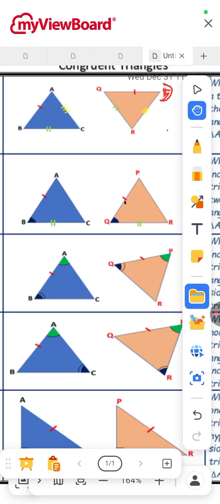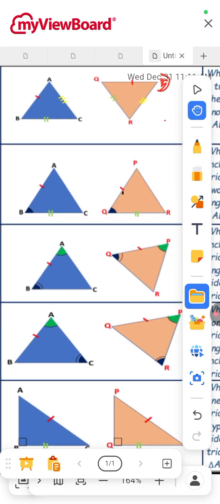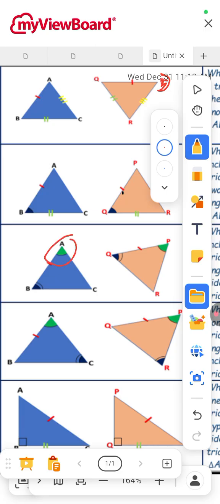So let's look at that from the diagram here. We can see this angle A and angle P. They use the color green to identify those two angles, which means they are equal.